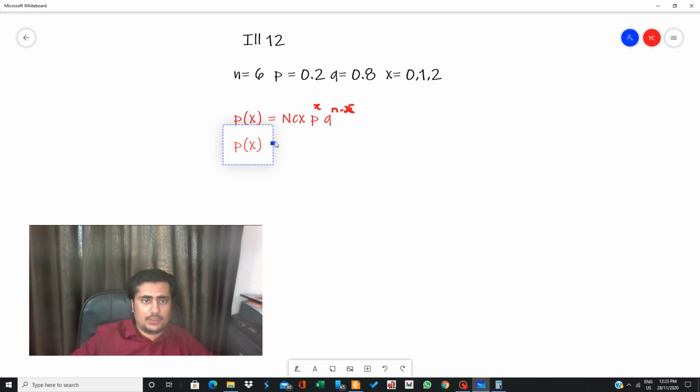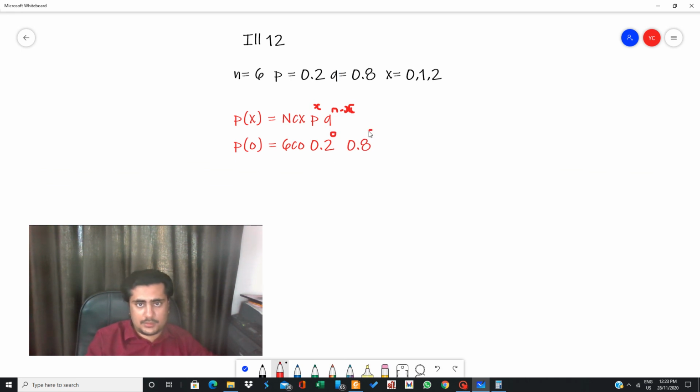We are finding P of 0. So let's write like this: 6C0, then 0.2 raised to X, that is 0.2 raised to 0, then 0.8 raised to N minus X, that is 6 minus 0.